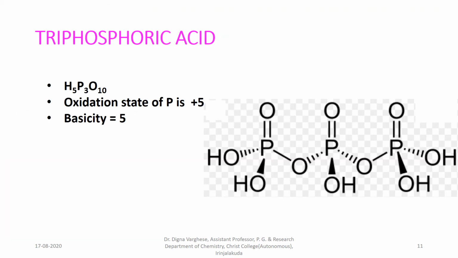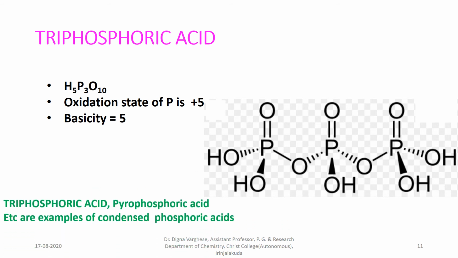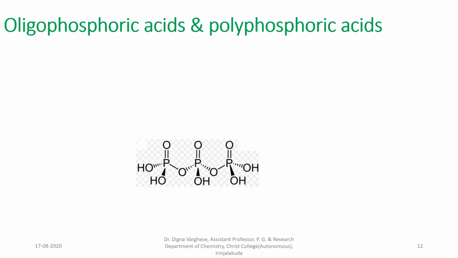Triphosphoric acid. Its molecular formula is H5P3O10. The oxidation state of phosphorus in this acid is +5. Basicity is 5 because it contains 5 ionizable hydrogen atoms. Triphosphoric acid and pyrophosphoric acid are examples of condensed phosphoric acids. What actually is condensed phosphoric acid?